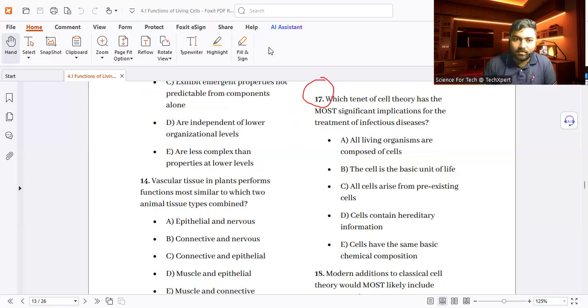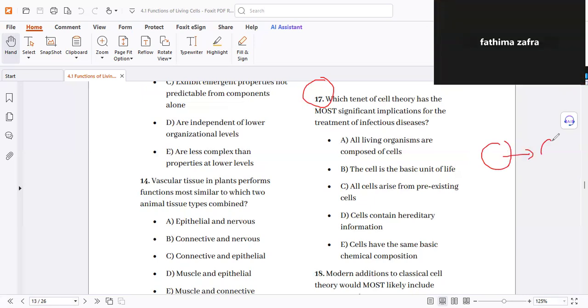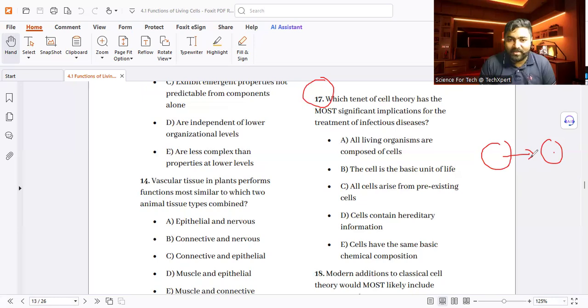Understood? Sir, but they are asking about a theory here, right? No. Don't take the sentence of a cell theory, but the answer can be something from cell theory.